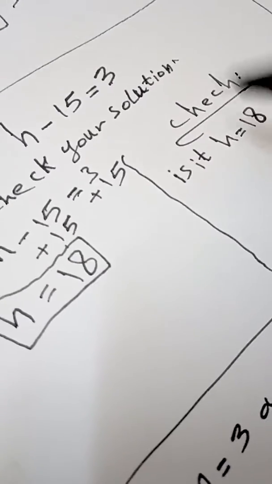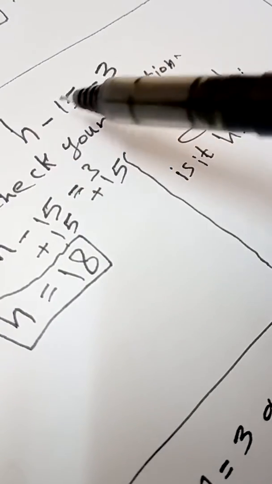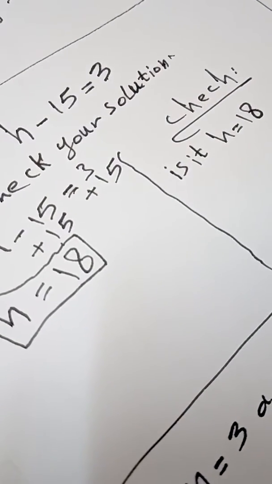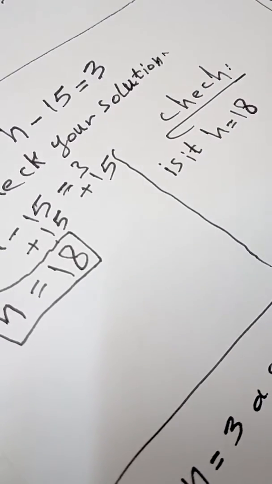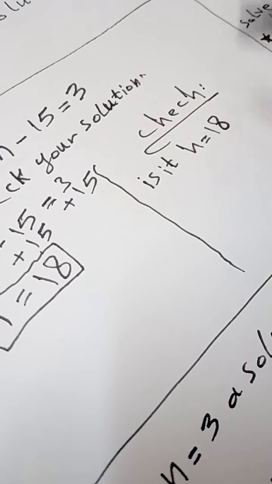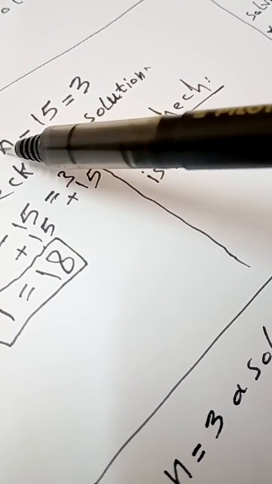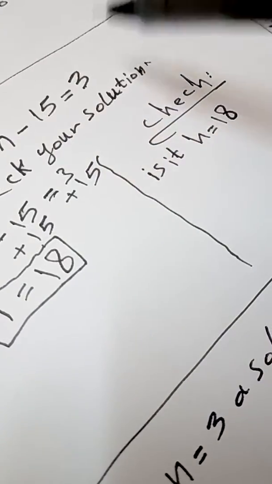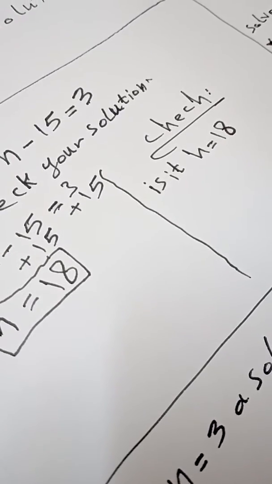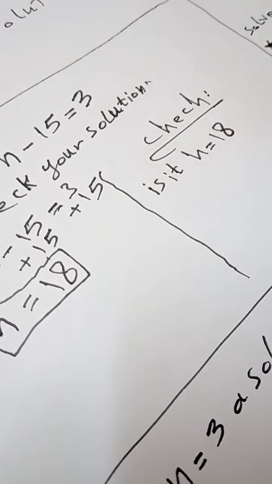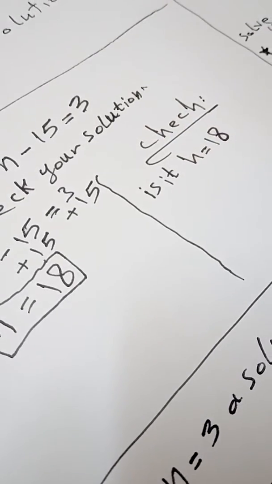Now substitute h equals 18 and find this side. If this side equals the second side, it means the equation is correct and this is a solution to this equation, and that means my work is true. If I substitute the value of h here and find an answer different from the other side, it means the equation is not correct. That means h equals 18 is not a solution for this equation.